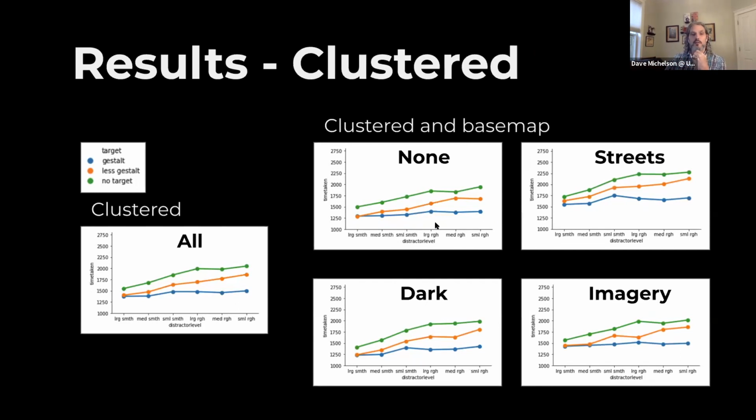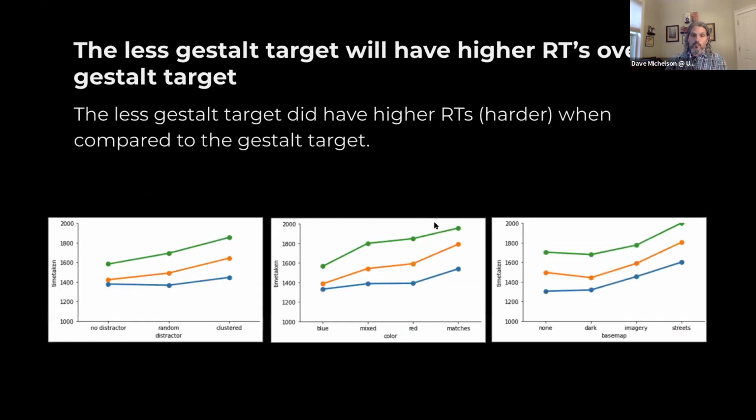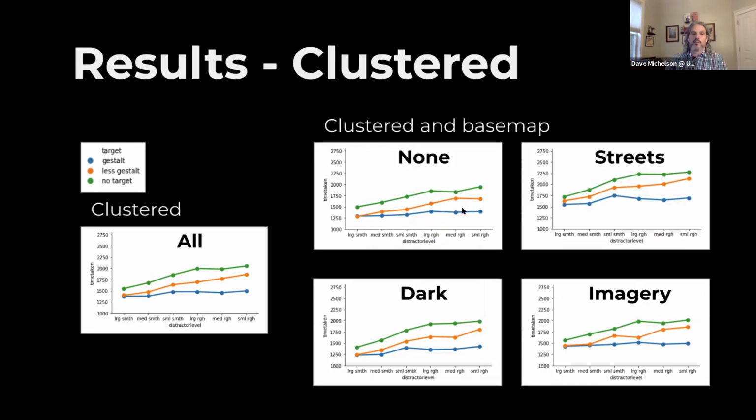This is where we should see it: if Gestalt principles have an effect on reaction times, this is what I wanted to see, and it kind of happened. We see a much less serial, flatter reaction time for the Gestalt target, and as the number of distractors increases with the less Gestalt target, we see even greater and more linear reaction time curves.